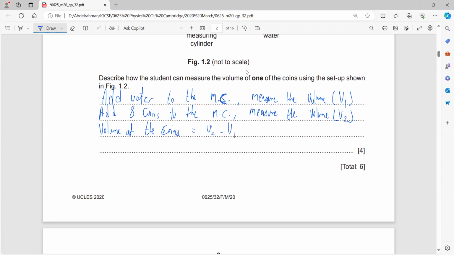The volume of one coin is equal to the volume of the coins divided by 8. You have to divide the final volume by 8. If you took only one coin, then you can just skip this step. Okay?